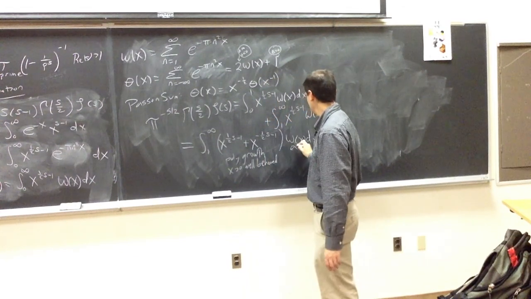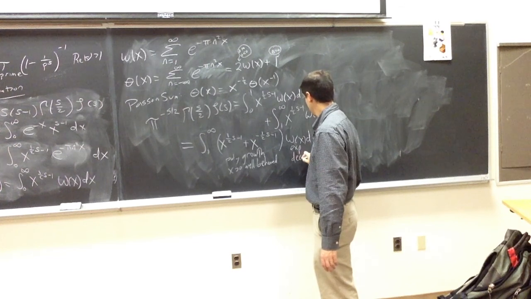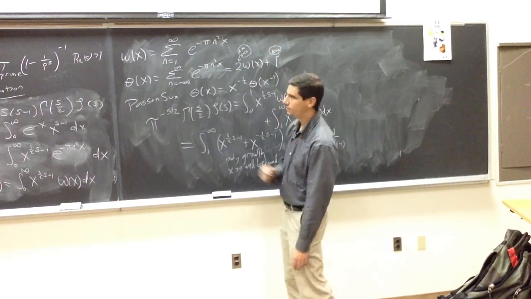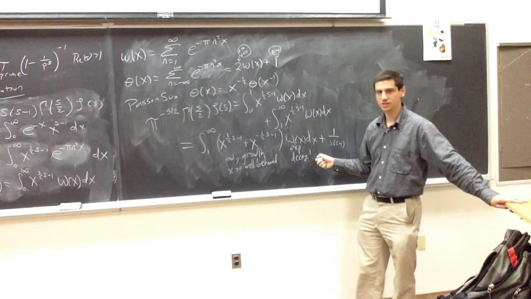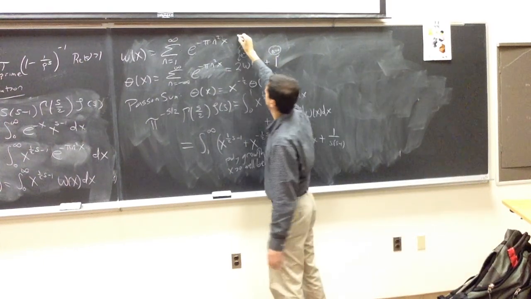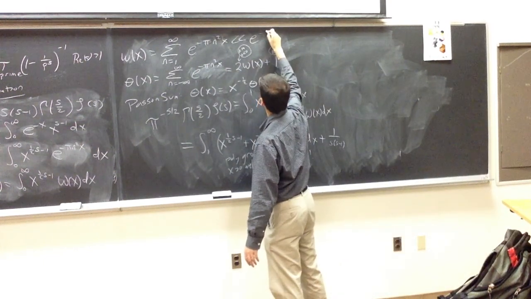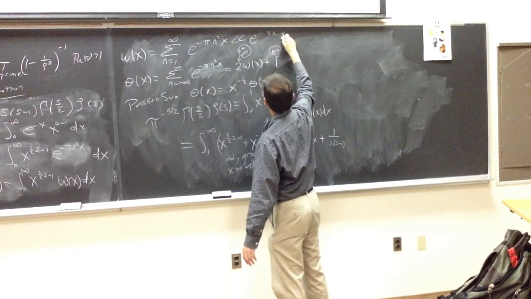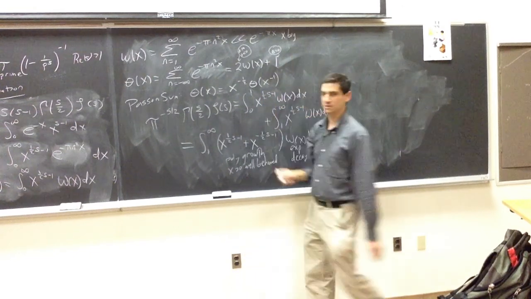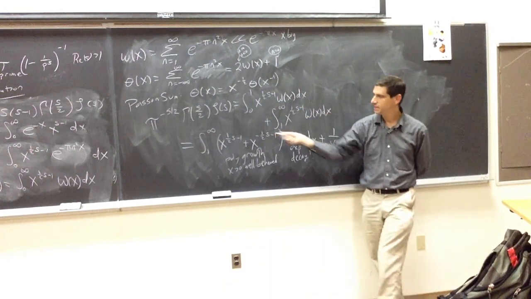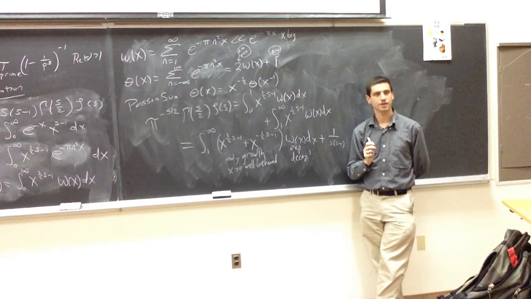This has exponential decay. And so because this has exponential decay, this is much less than e to the negative pi x if x is big. This integral is going to converge for all values of s.